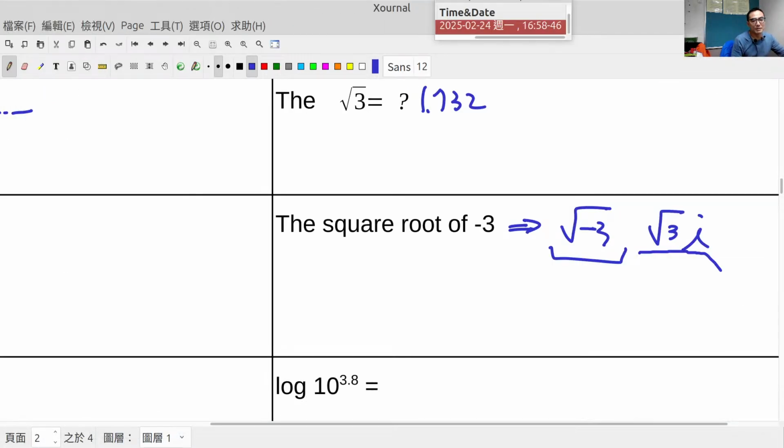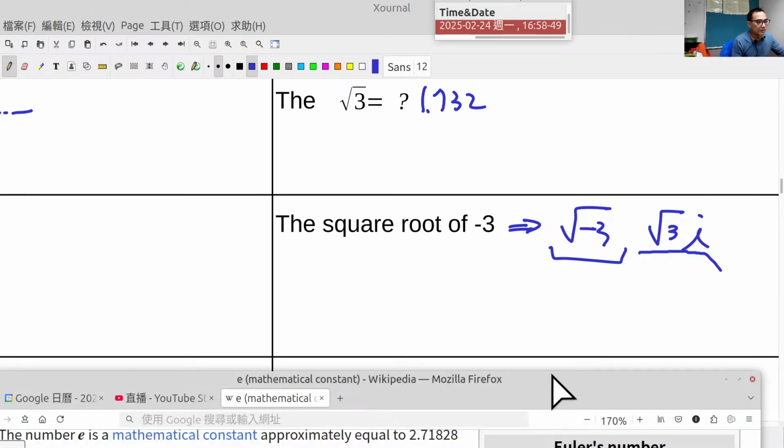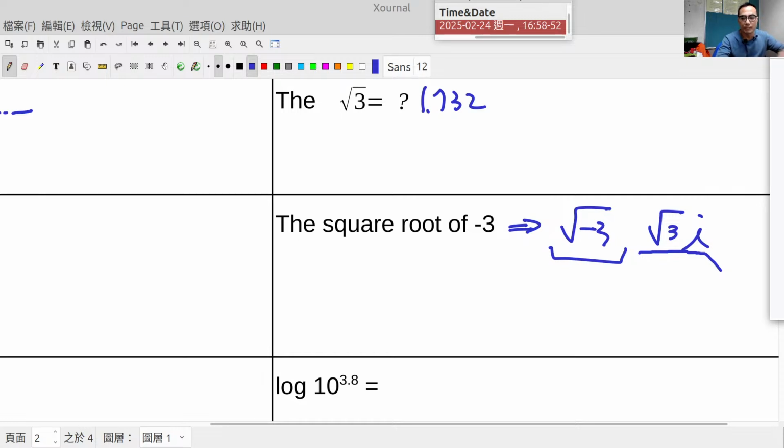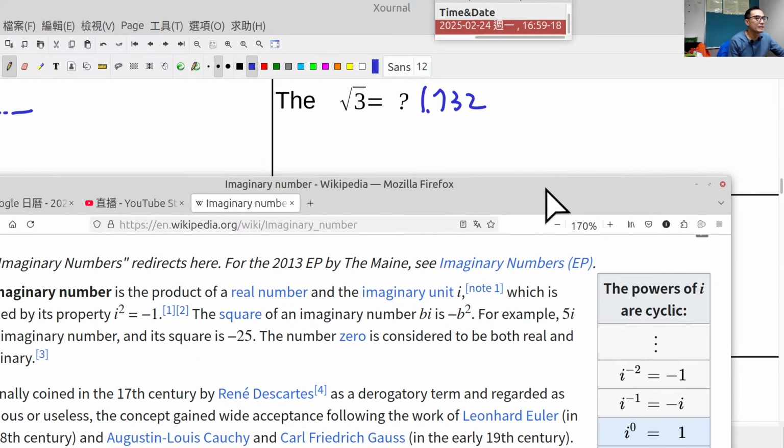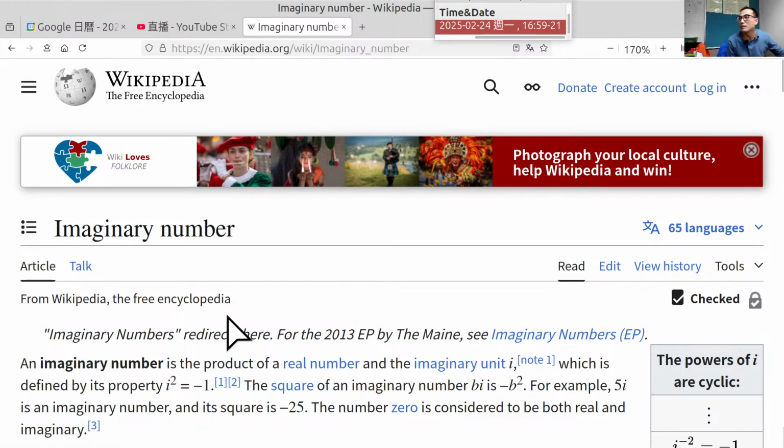Okay. 1 minute, please. Let me finish this part. Okay, here, the i is the imaginary number.